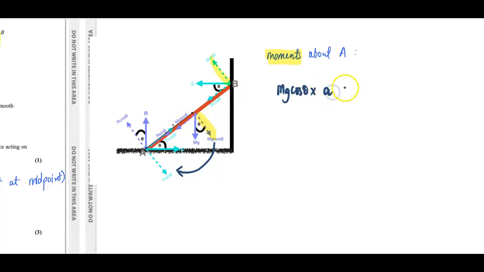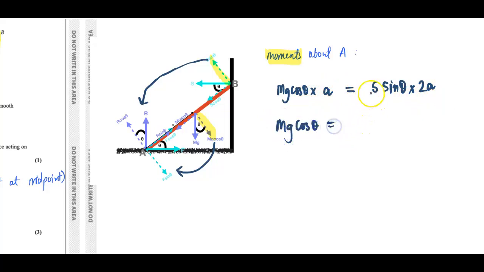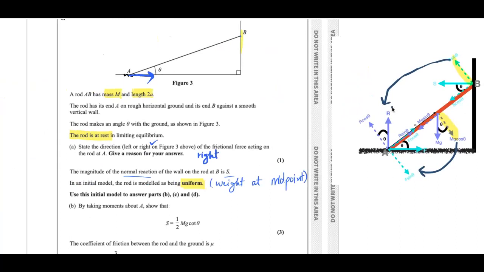We have written a. That is going to be equal to, this is opposite, anti-clockwise, so that is going to be S sin theta times 2a. The a's cancel, so we can say mg cos theta is equal to 2S sin theta.